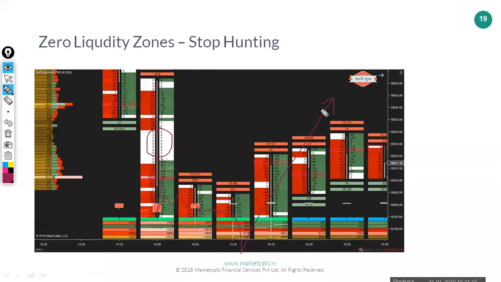So usually it gets cleared faster, and at times it gives you an opportunity also. Not every time a stop hunt is going to give you an opportunity. At times when there is a stop hunt and price is going to go down further, let's say you're seeing a difference of 30-40 points and you are seeing a momentum exhaustion there. The target locations, always, are stop hunting locations. So you have to keep this in mind.